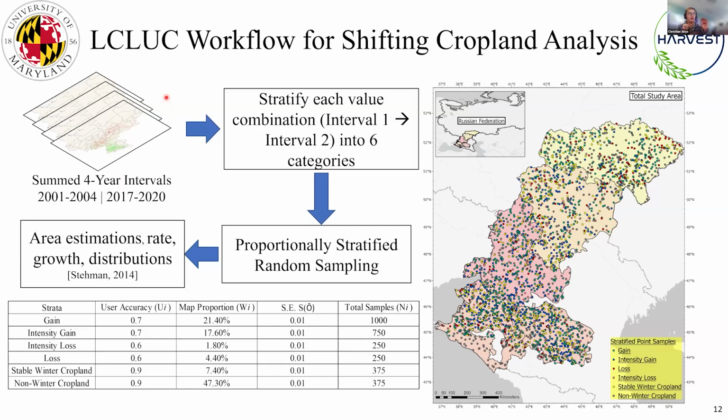In the previous interval, 2001 to 2004, it had no winter cropland, for example. And then in the second interval, from 2017 to 2020, it had two winter cropland detections. And so that was expansion.